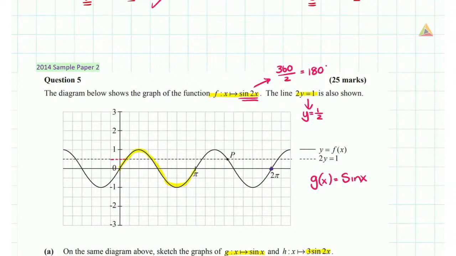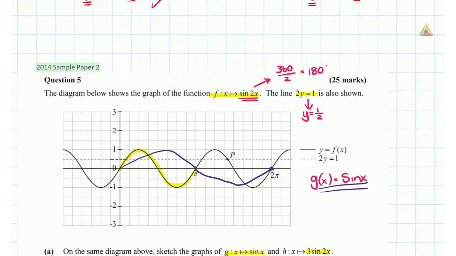So it can't pass 1 or minus 1. Now, this is just a sketch, so you don't need to be too precise. Basically, what they're going to be looking for in the exam paper or in the marking scheme is that you know that the graph begins to repeat itself after 2 pi, but the amplitude in this one is unaffected.